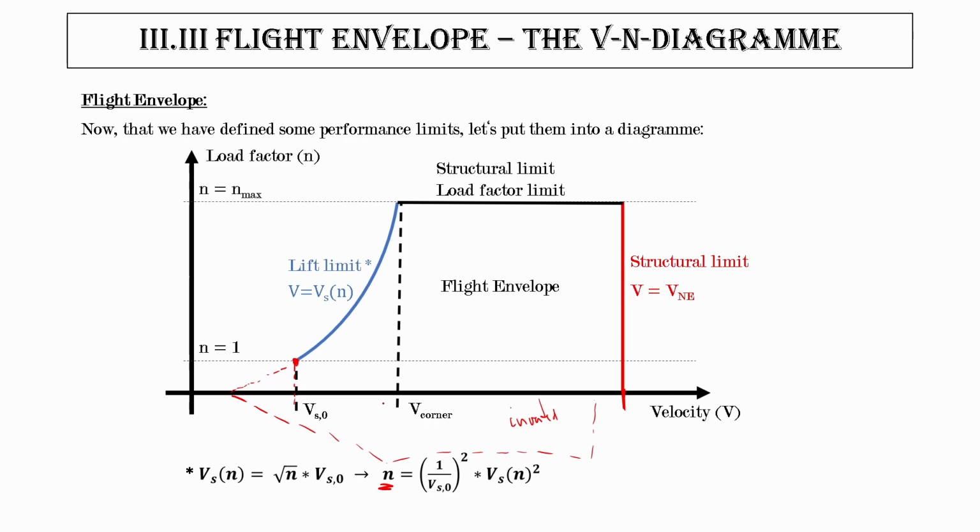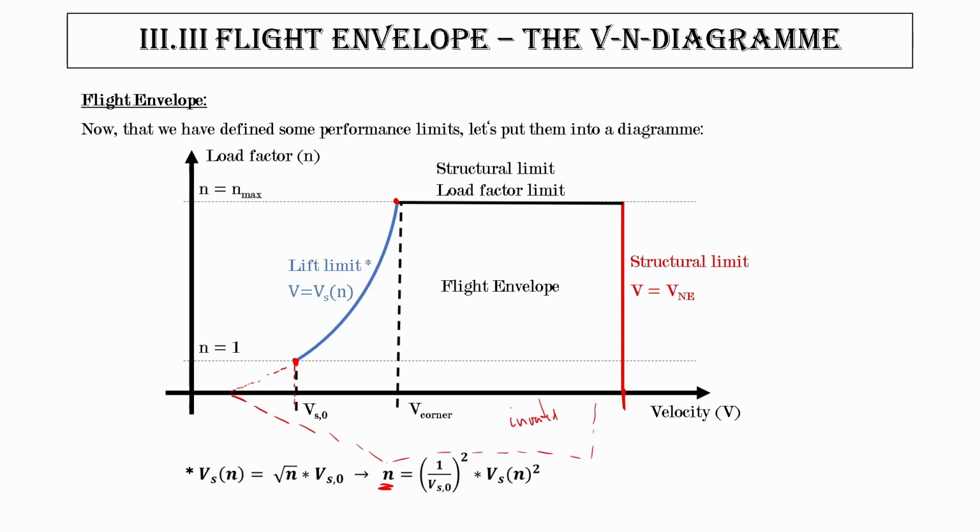As you can see, as we go higher with speed, our load factor will increase, and at some point the lift limit reaches the structural limit, N max, so basically maximum load factor. Then we cannot increase the load factor any further, which is why this line here flattens out.